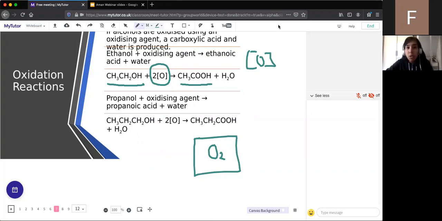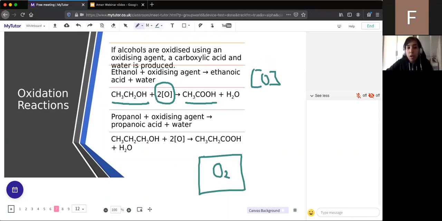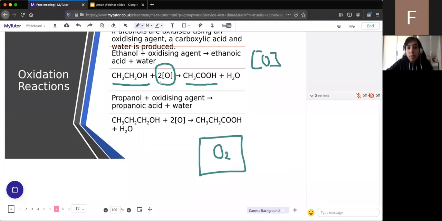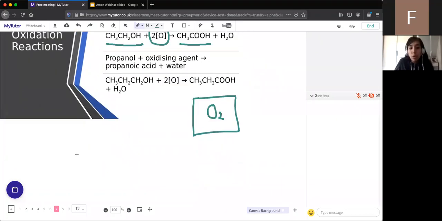Any other questions on that? We'll do a couple of examples as well, but any questions on the oxidation of alcohols? Okay, so let's do butanol and an oxidizing agent. What's the chemical formula for butanol?